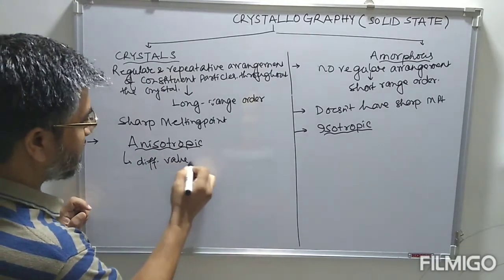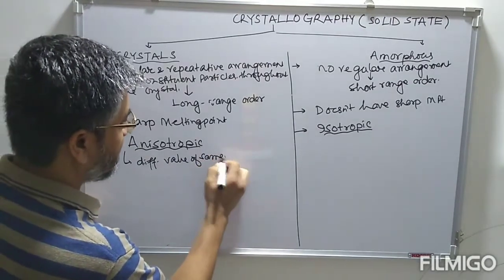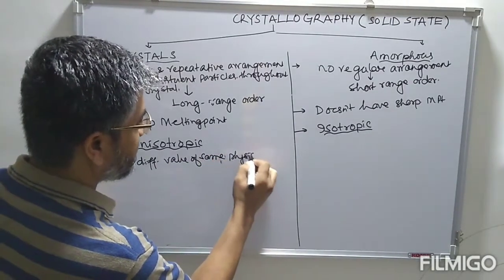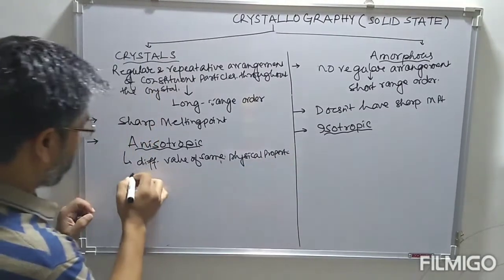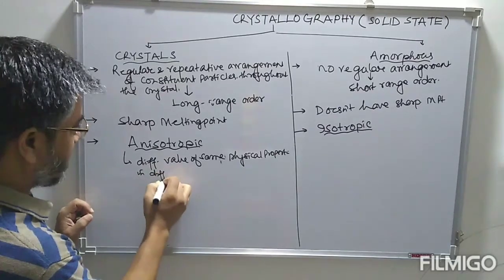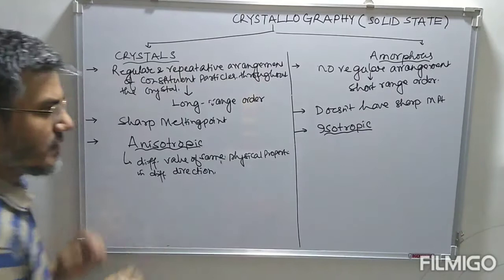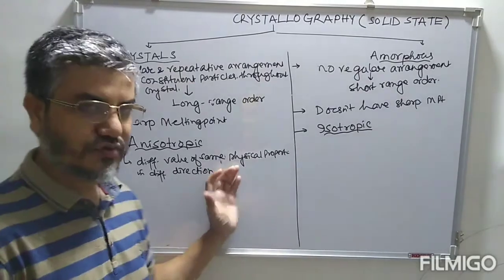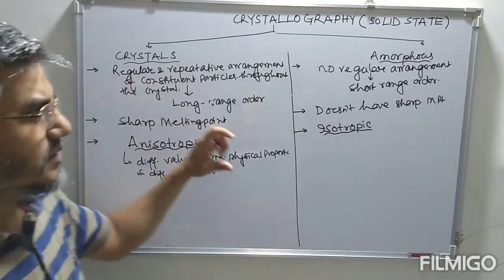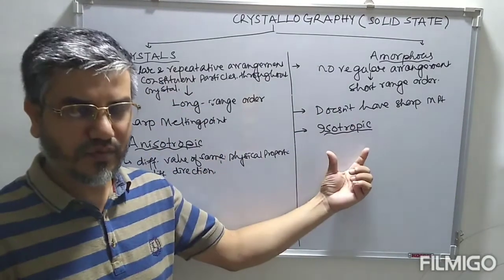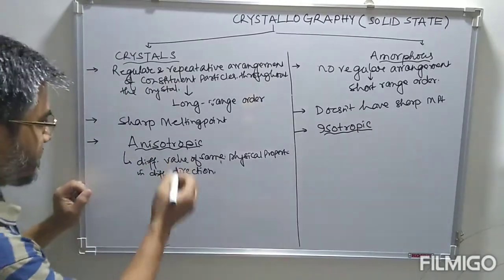Different values of the same physical properties in different directions. So the same physical property shows different values in different directions. This is due to different arrangement of constituent particles in different directions.